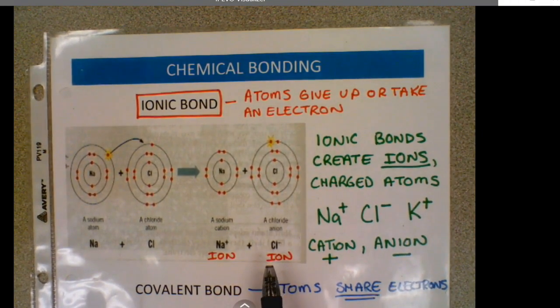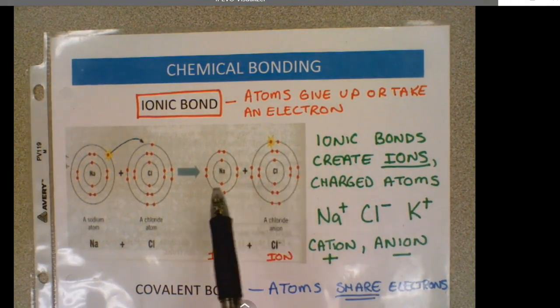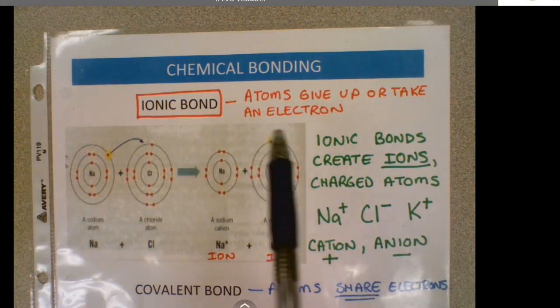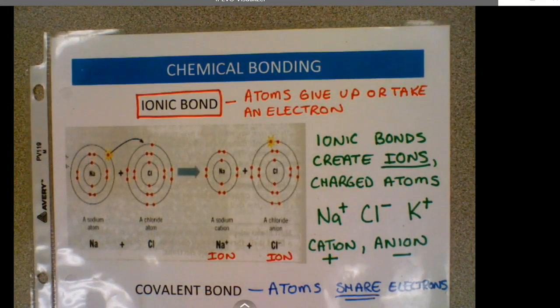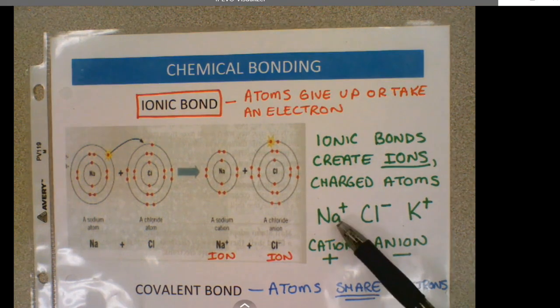Now, our body can actually dissociate these and start using these ions for certain purposes, like running our muscles or running our nervous system. So these are just some examples.